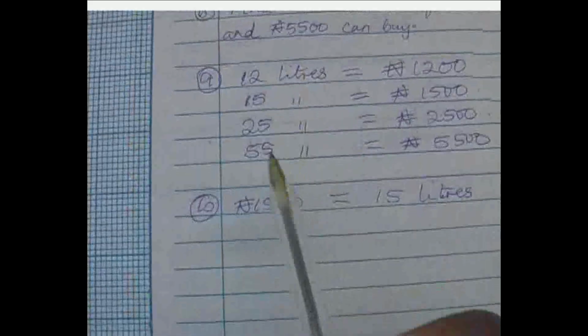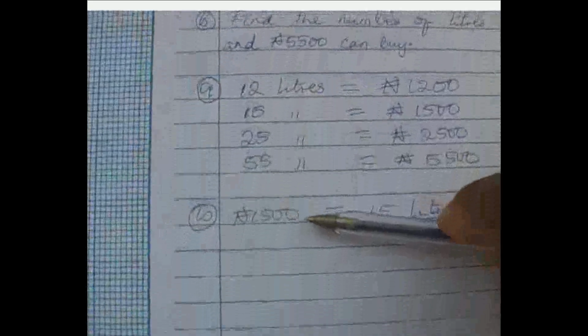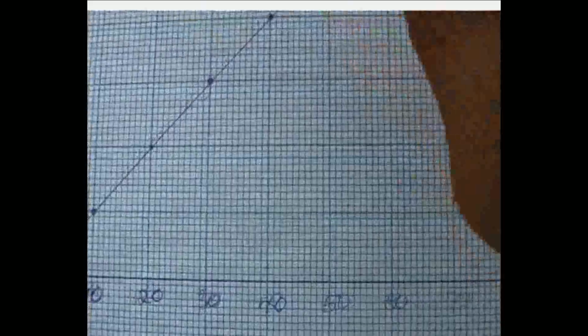But we are still going to go to the graph paper to confirm all these values we are picking now. This is the shortest way you can answer question number B, but I want us to also answer it from the graph so that you will be highly equipped on how to read values from your graph paper.